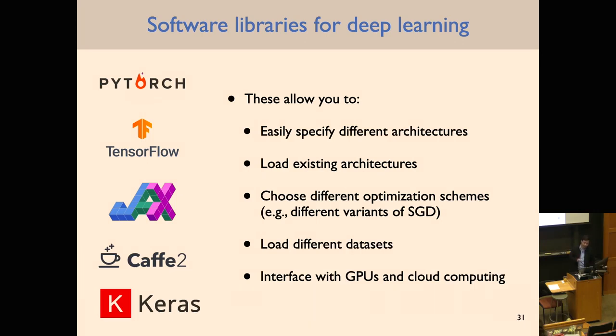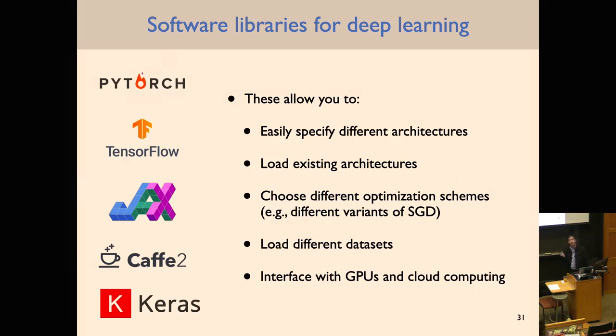These packages, these toolboxes, allow you to pretty easily specify different architectures. If you want to play around with different variants of convolutional neural networks, they allow you to build those variants pretty easily. They allow you to load existing architectures. So you can just say, build me a transformer or build me a convolutional neural network that has this number of layers and these dimensions for the hidden representations, and they'll just do that for you.